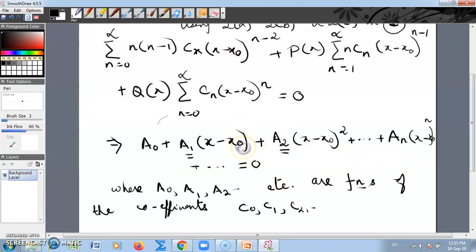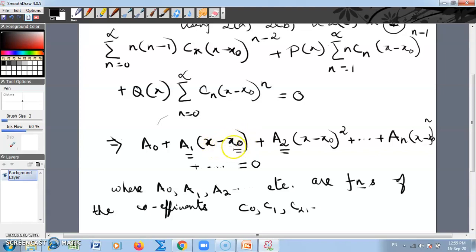What is x0? x0 is that point around which your solution is required. They have asked you to solve this equation about this point, which is an ordinary point. This particular method is used only if x0 is an ordinary point for our given equation, represented by equation number 1.